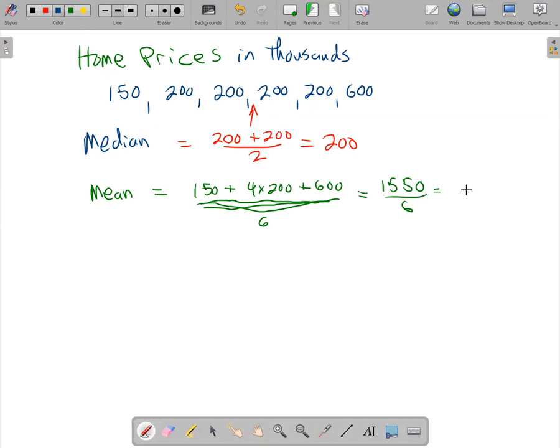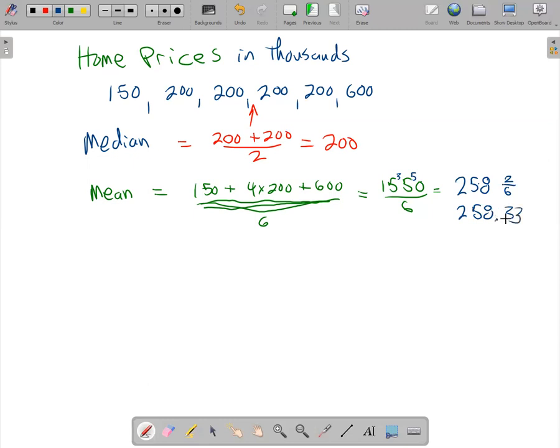Let's see if I get lucky. 6 goes into 15 twice with 3 left over. 6 goes into 35 5 times with 5 left over, and 6 goes into 58 times with 2 left over. So 2 sixths is what, point, oh, that's 1/3, 0.333. So I think it's going to be like 258.33-ish. Let's check on a calculator.